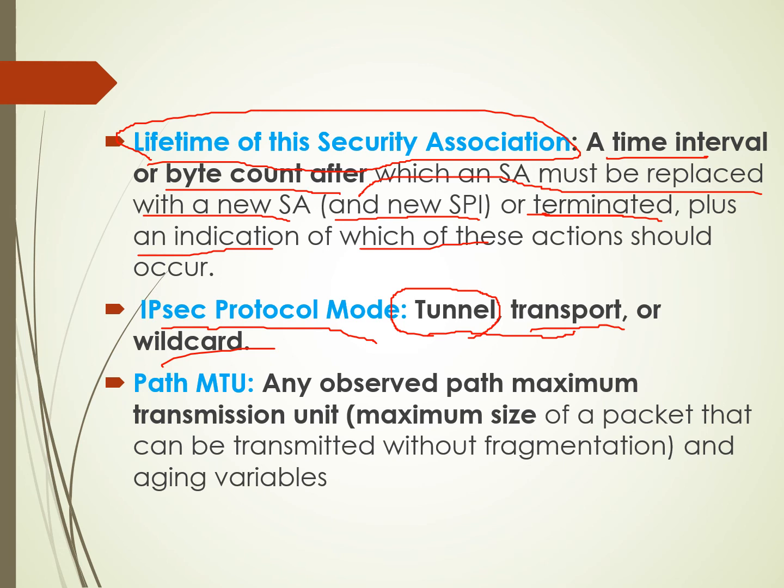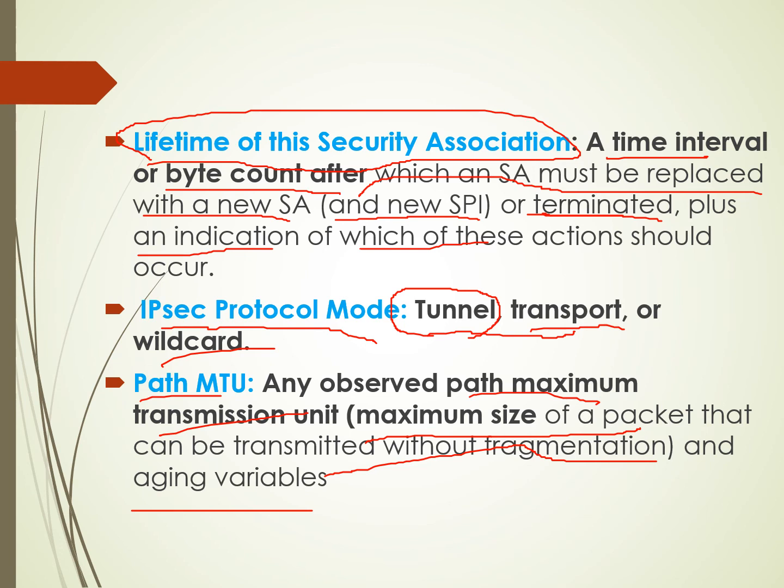Next, path MTU. MTU stands for maximum transmission unit: the maximum size of the packet that can be transmitted without fragmentation, and aging variables. We know when we go for fragmentation: when we have a huge data size that we need to share with the receiver, we go for fragmentation, and each fragment will have equal size.